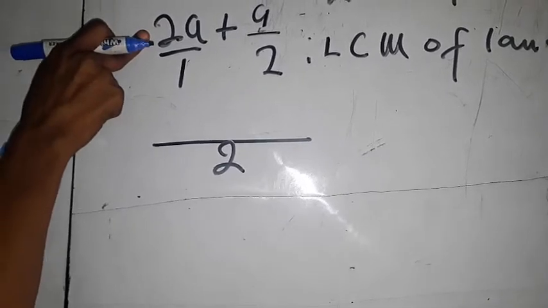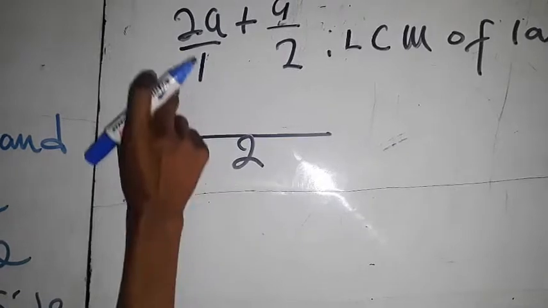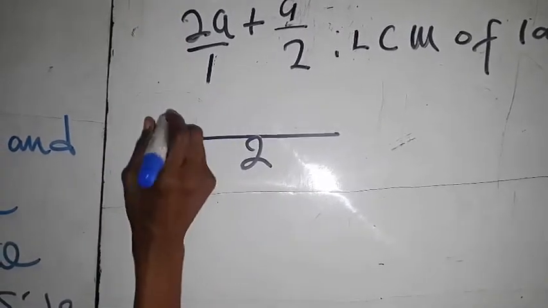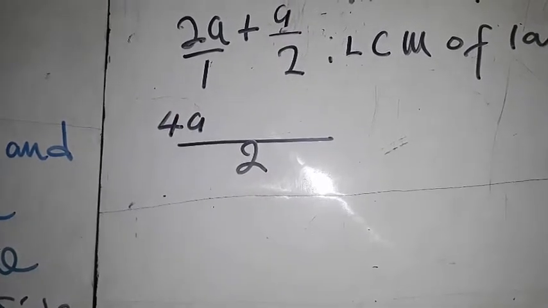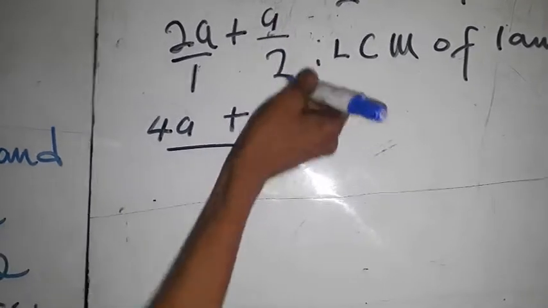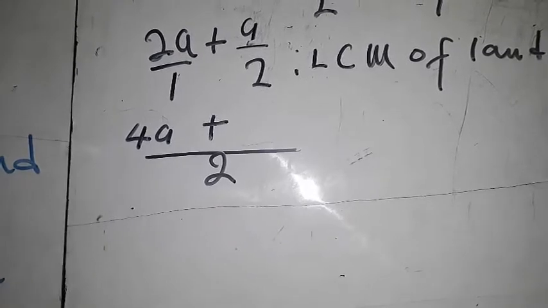So what that simply means is that you are going to multiply this 1 into 2, 2 times 2a is going to be 4a. Plus 2 into 2, how many times? 1. Any number you divide by itself is 1.